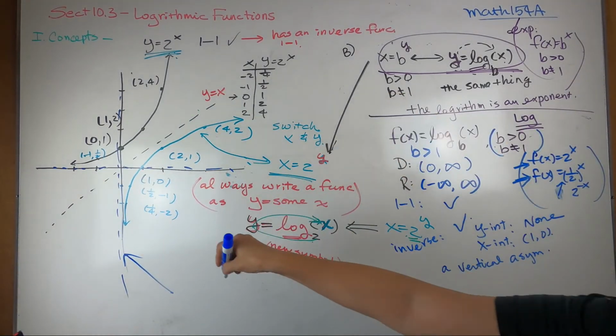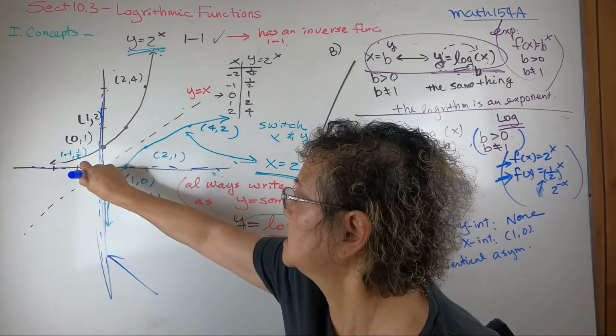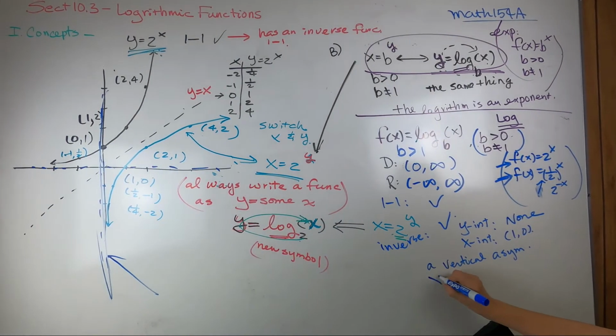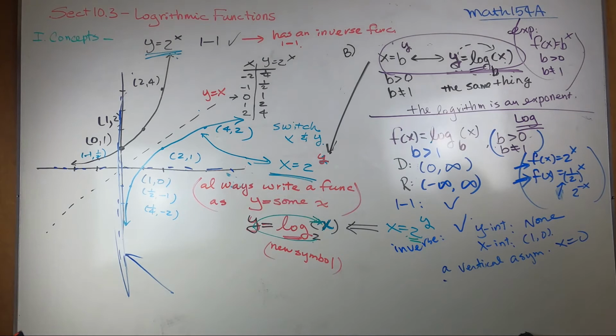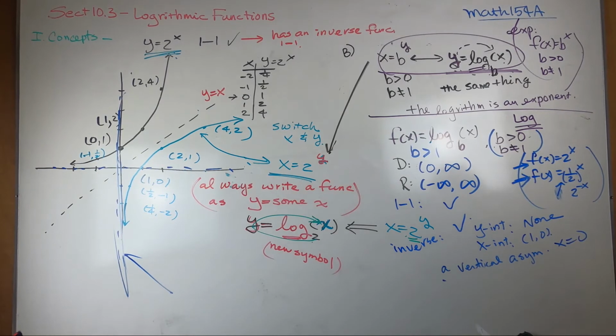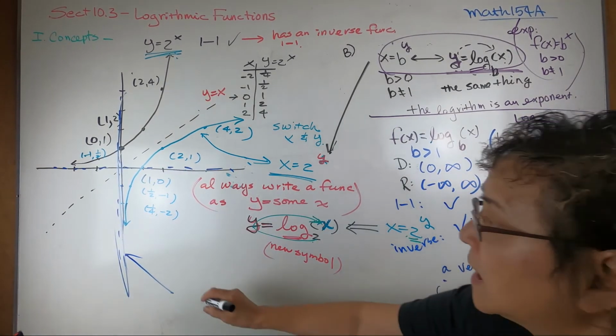The straight line goes through here, a vertical asymptote x equals 0, right? What does that mean? It means it approaches x equals 0, but never touches.